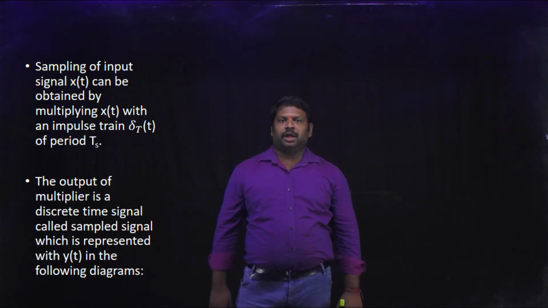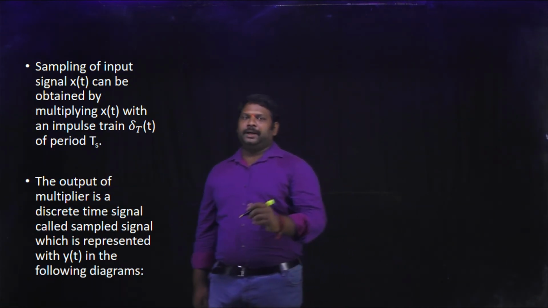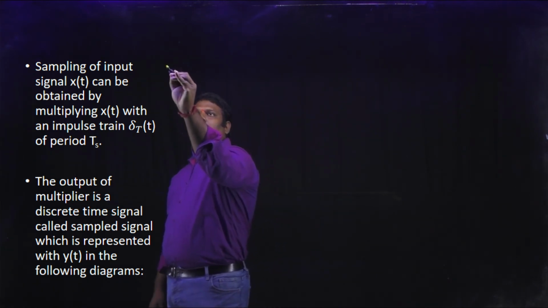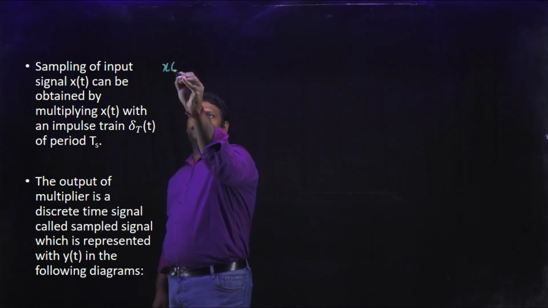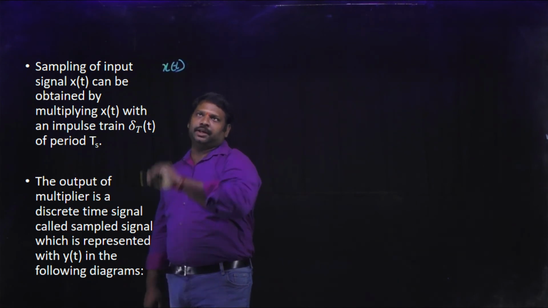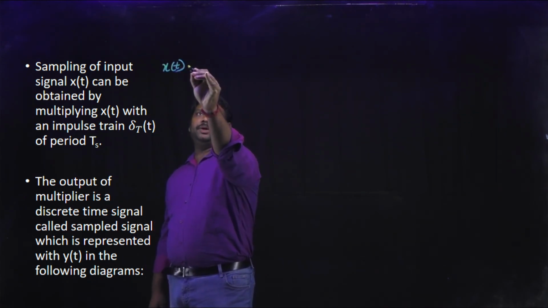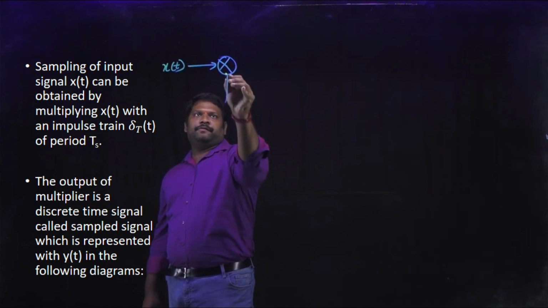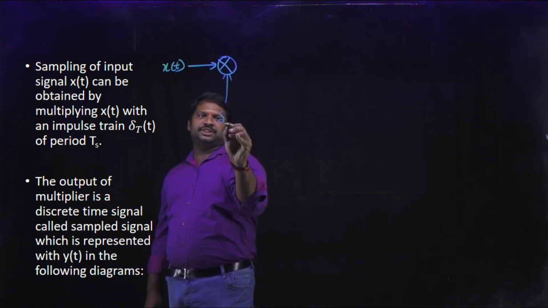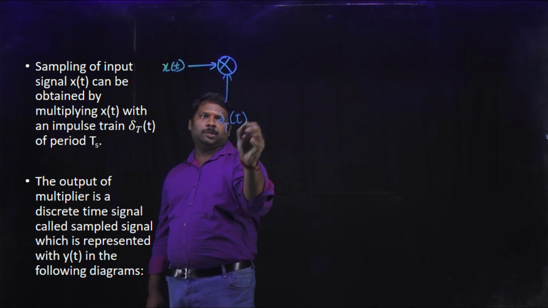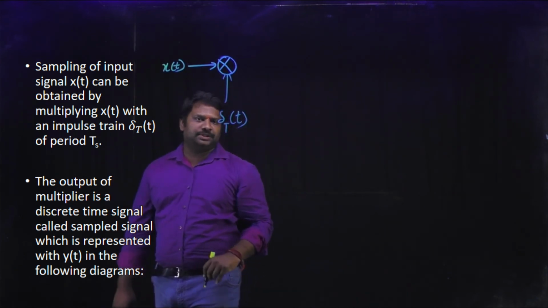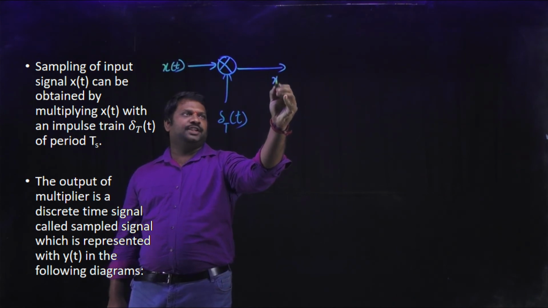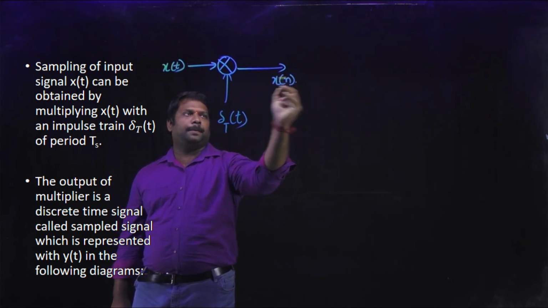It is obtained by multiplying 2 signals: the continuous time signal is multiplied with a train of impulses function, and we'll get the sampled signal x of n.